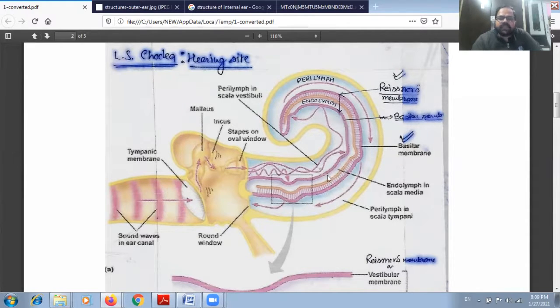And you can see here that this vibration is helping the movement of this tectorial membrane, and the vibration is coming out through this round window. So inside this inner ear, a vibration enters through the oval window and comes out through the round window. So we have seen the path of this sound.